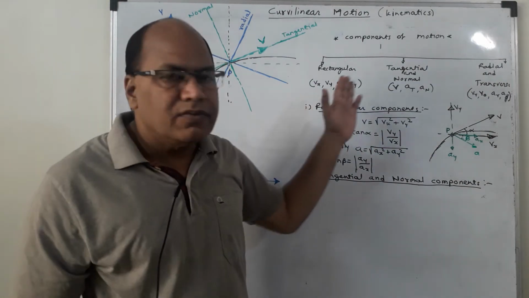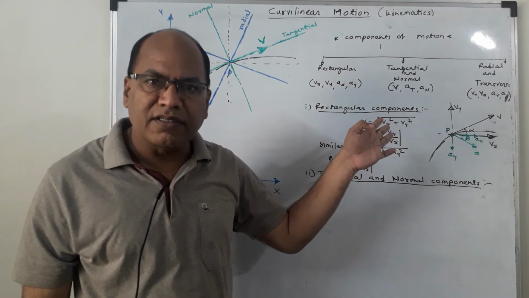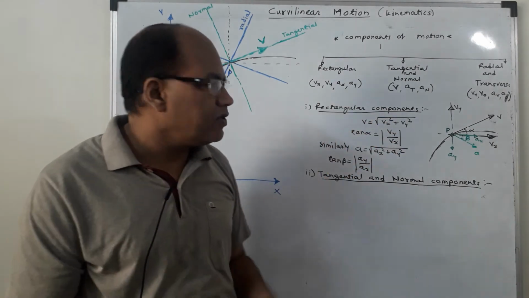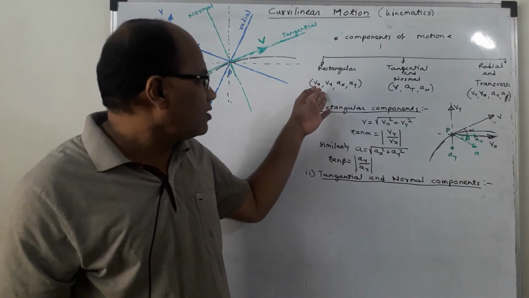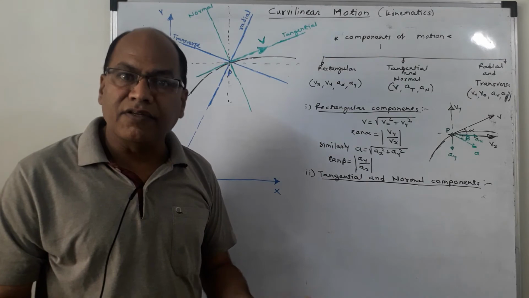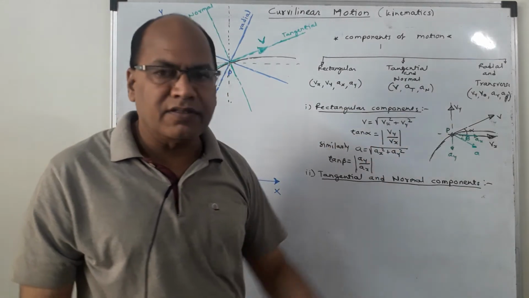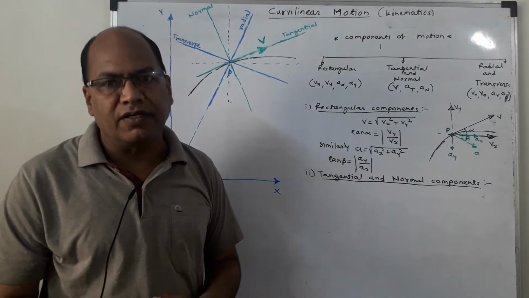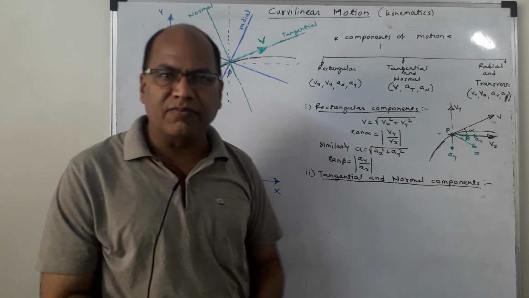So, you can assume any of these three reference systems, and you always go for the convenient one. Sometimes we find that the x and y axis, that is the rectangular type of reference system, is the convenient one. In some problems, the tangential and normal type of reference system will work out to be convenient, whereas in some cases the radial and transverse type of reference system will be convenient.